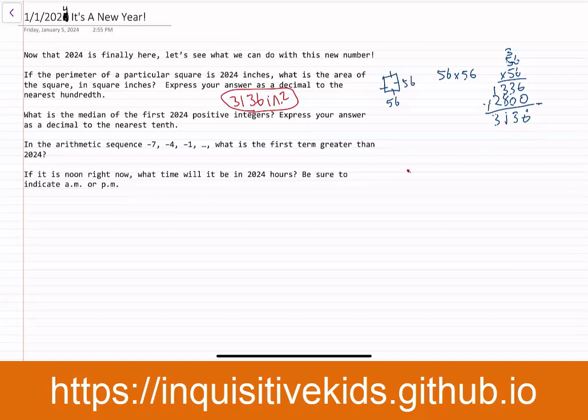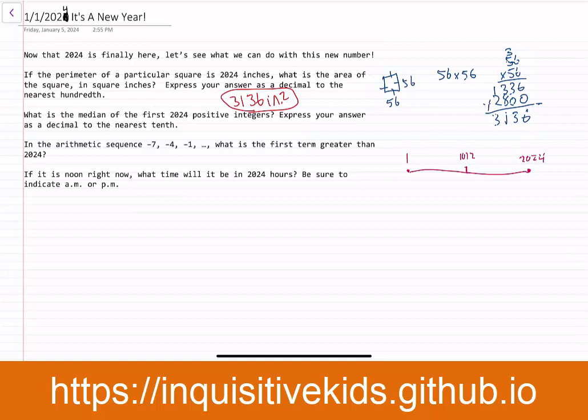So we first have to draw out a diagram. The first integer is 1. The last positive integer is 2024. Let's first divide 2024 in half, which becomes 1012, and test this number out.